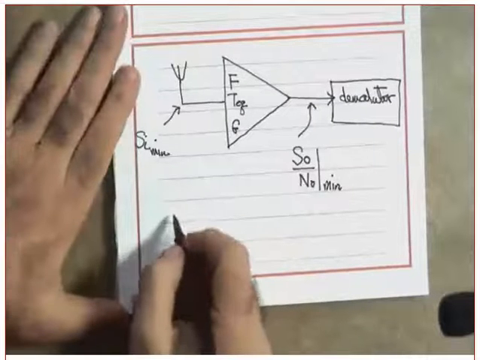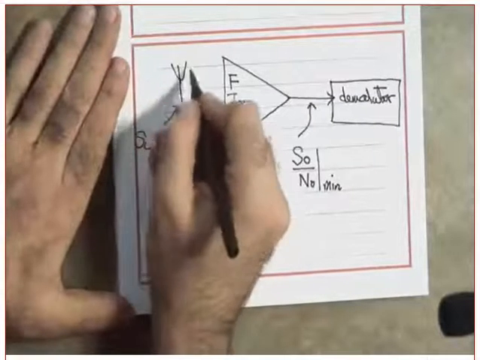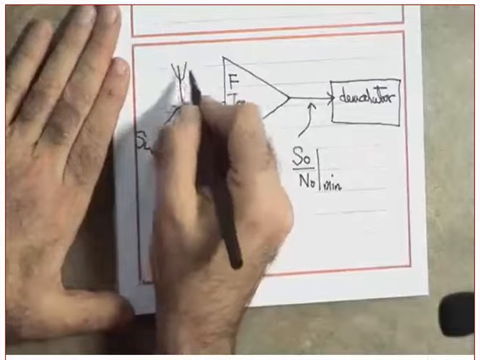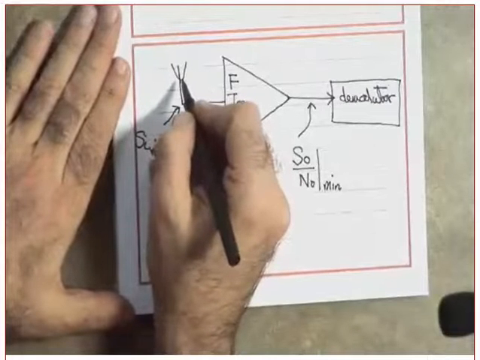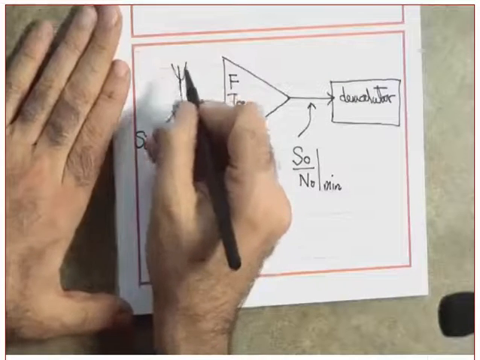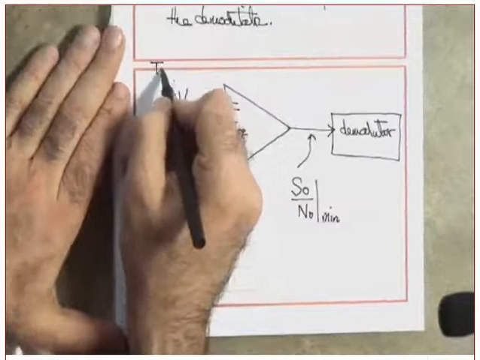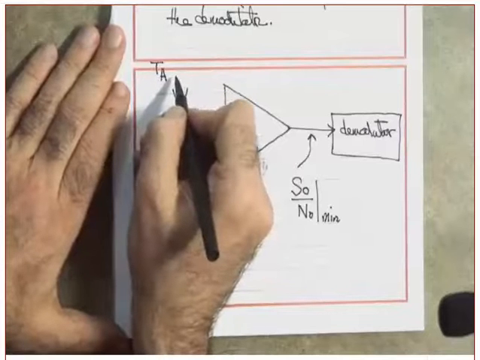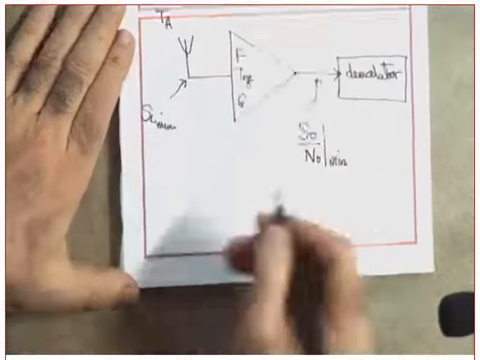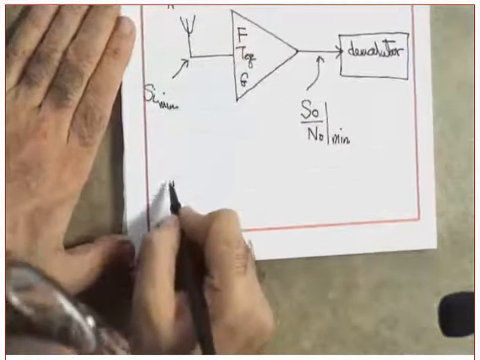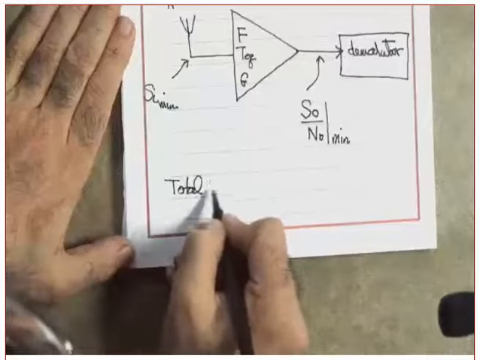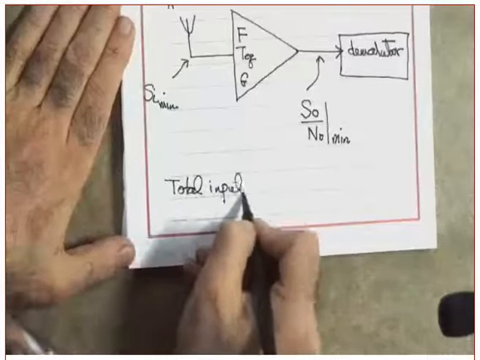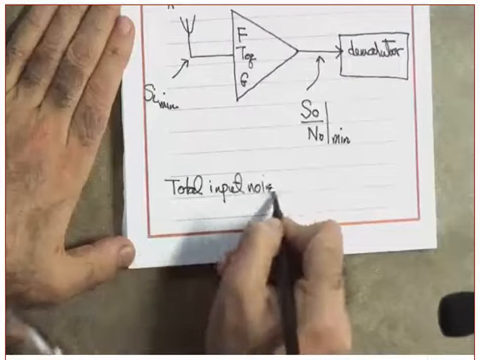Let's see if you can help me. Now, what am I going to assume? I'm going to assume that this is the source of the noise. We are going to refer to it as T sub A. T sub A stands for the antenna temperature. Now, what is the total input noise power?